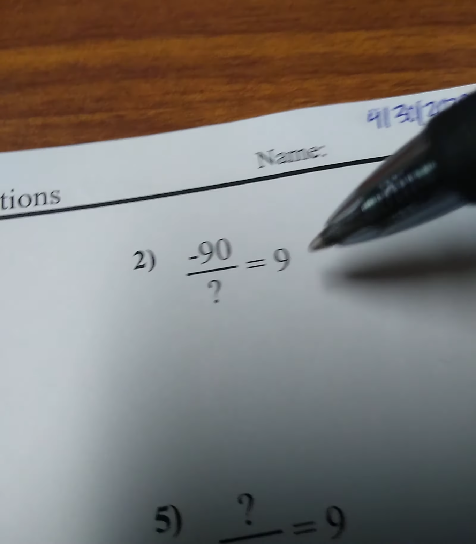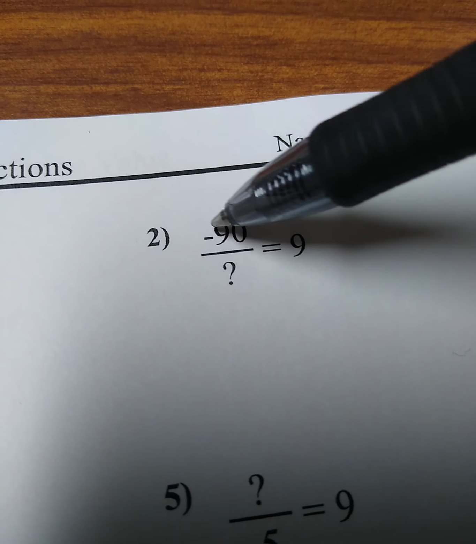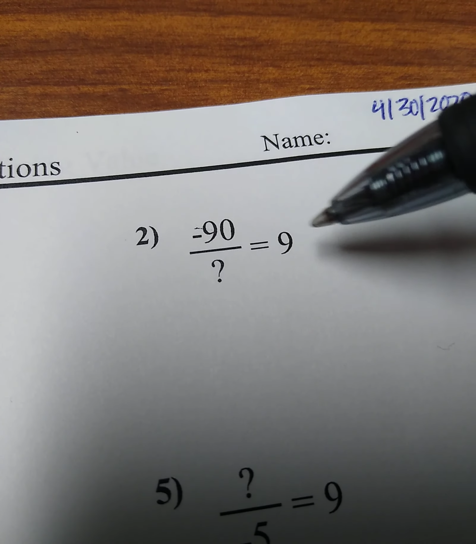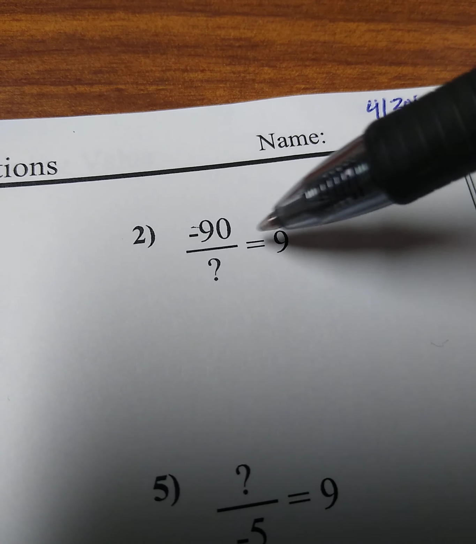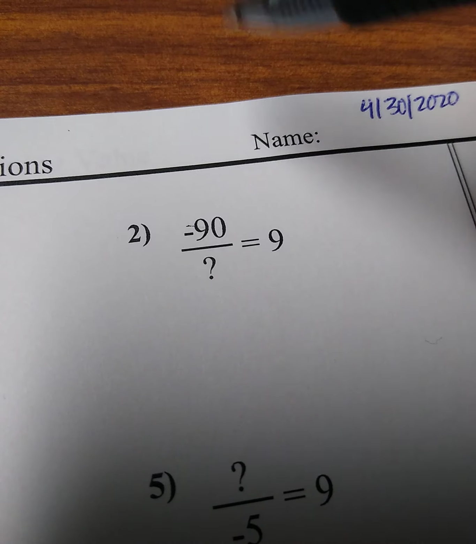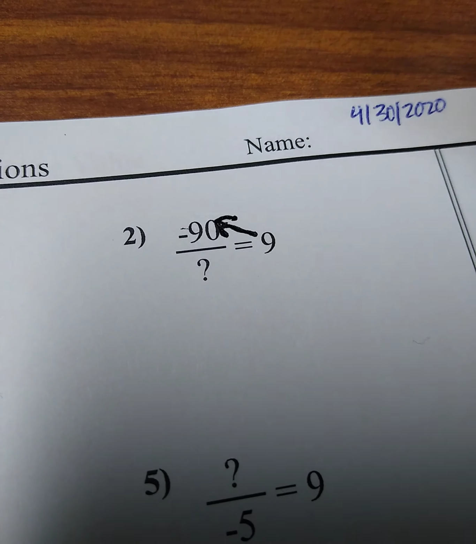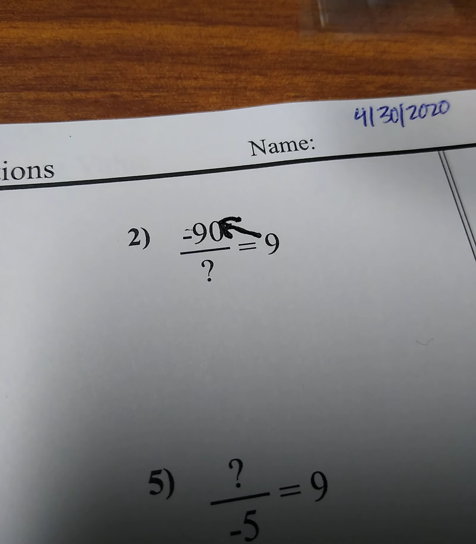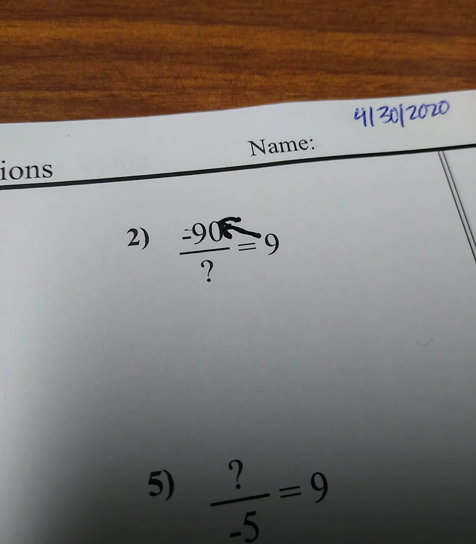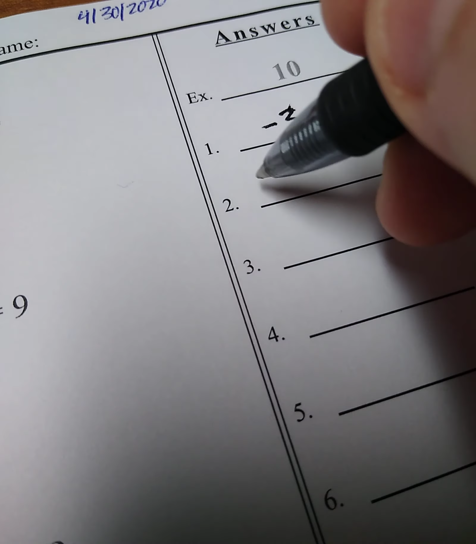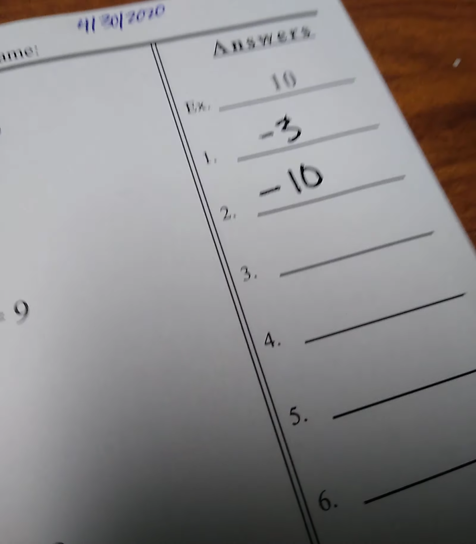All right, so this one here: negative 90 over question mark equals 9. Here you are dividing. So negative 90 divided by 9 gives you what? Negative 10.